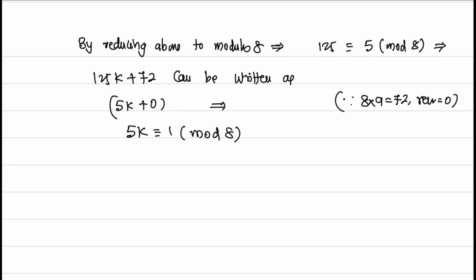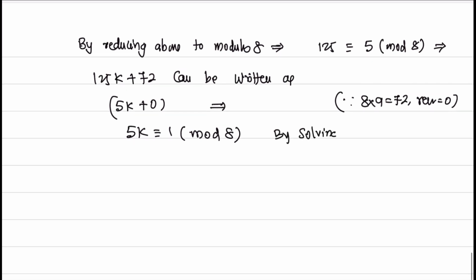From this we get, by solving this, if k is equal to 5, it shows that 5k equivalent to 1 mod 8 is satisfied.